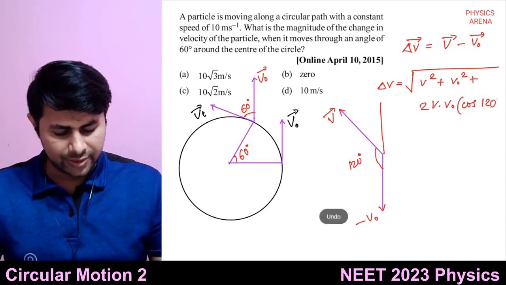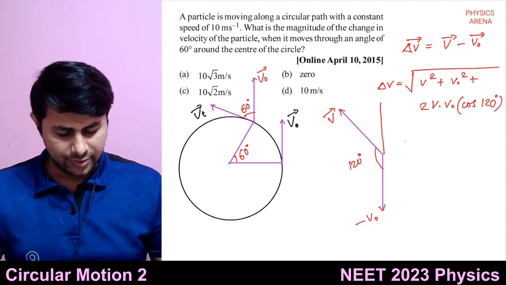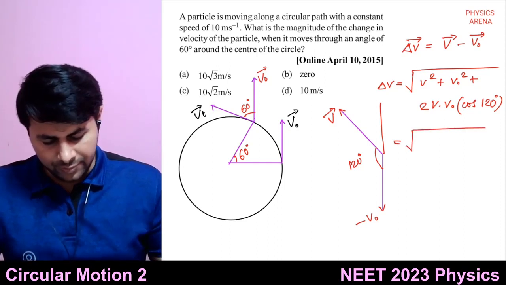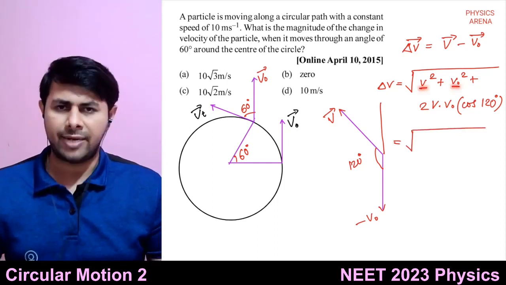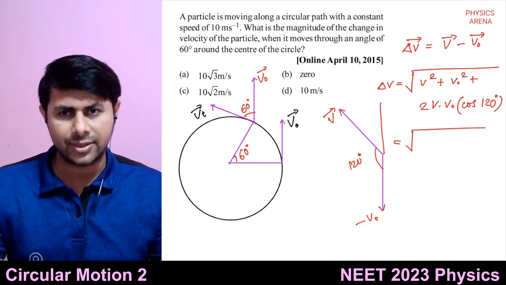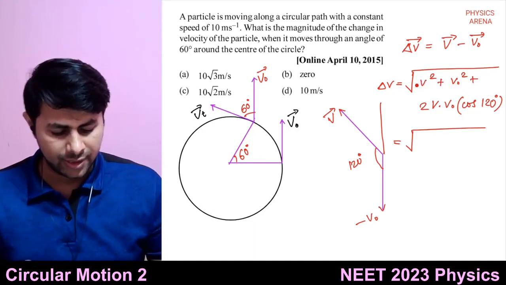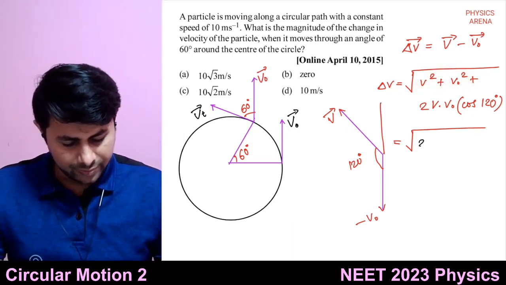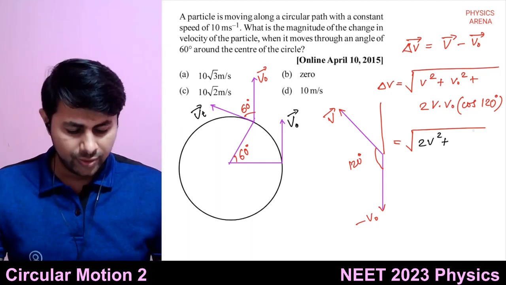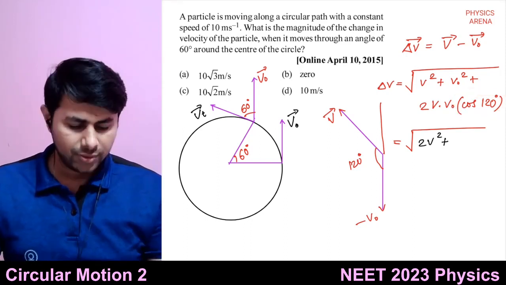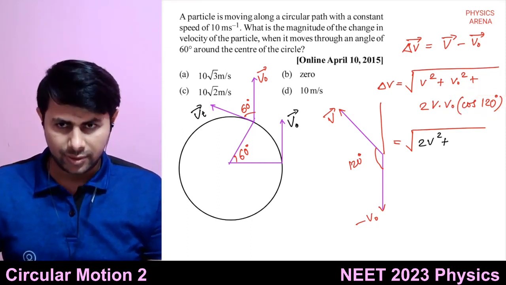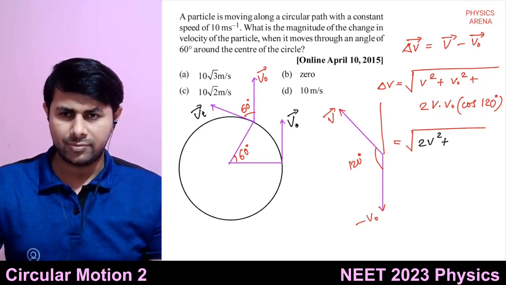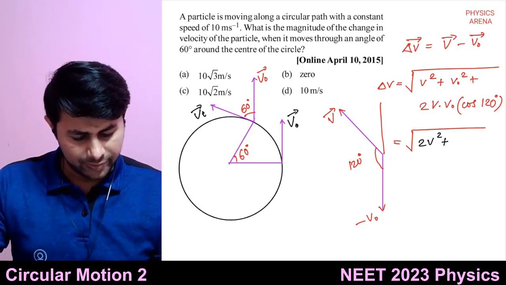And the speed is constant, that means the magnitude of V and the magnitude of V0 is the same. So I can say this is equal to V only. So it is 2V square plus, what will be cos of 120 degrees? 1 by 2 or minus 1 by 2? Minus 1 by 2.